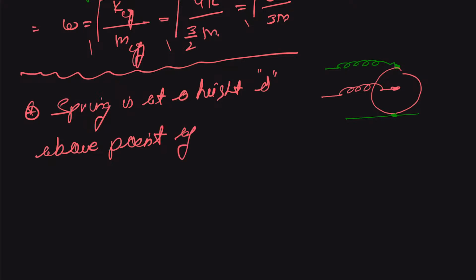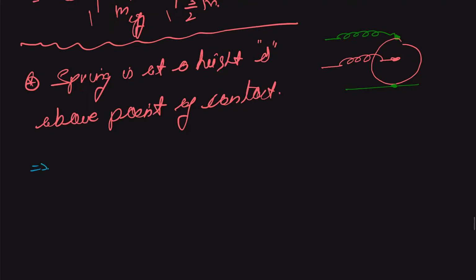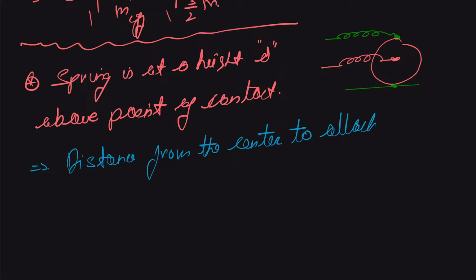Therefore, the distance from the center to the attachment point is d minus r.